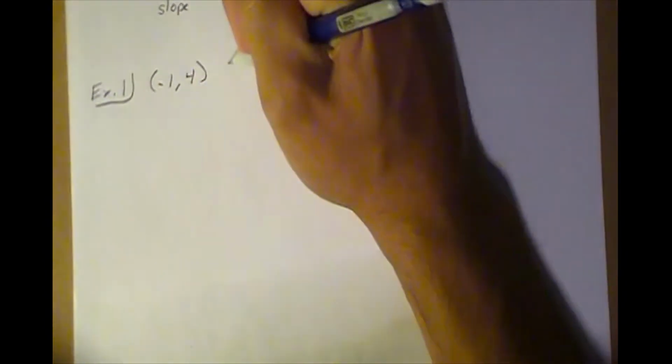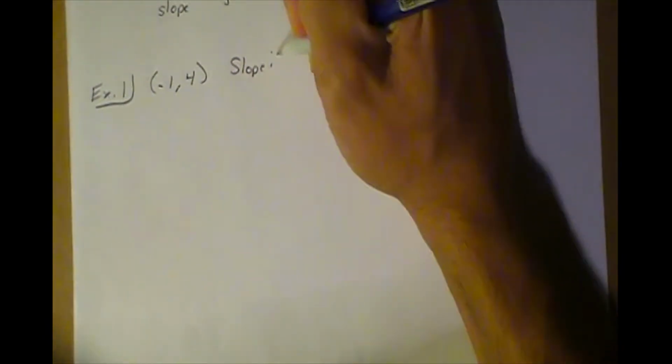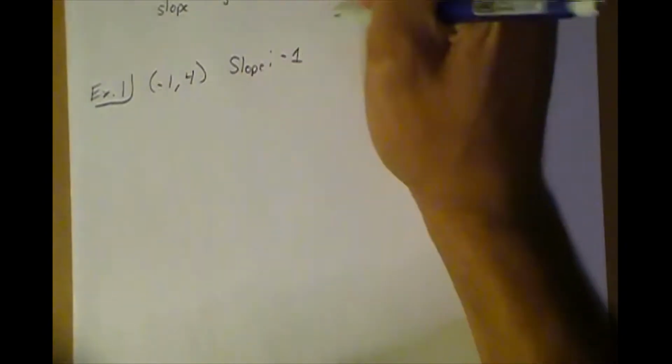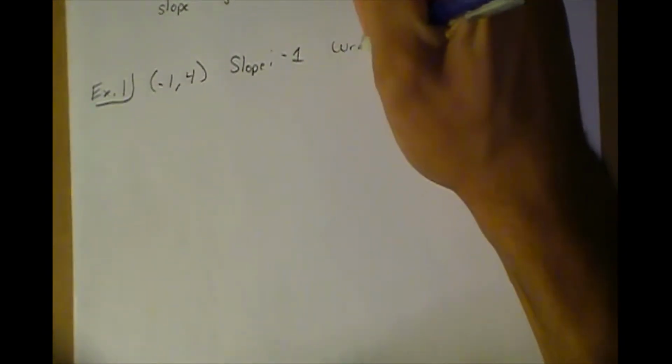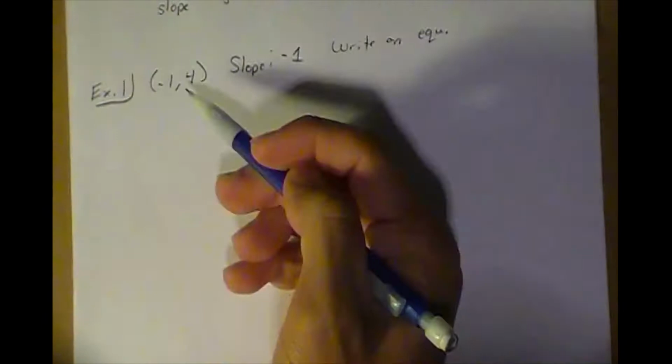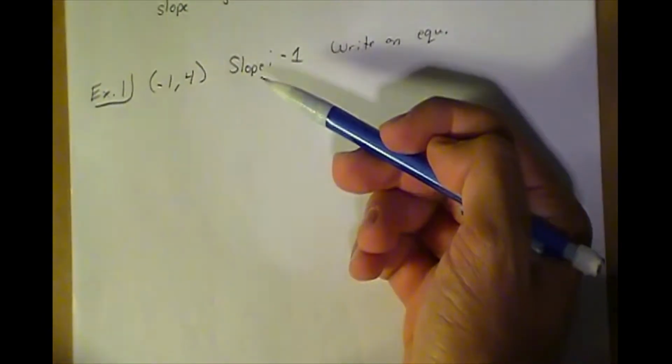It'll say, okay, your point is -1 and 4, and your slope is equal to -1. And it'll say, write an equation, EQU for short. A line passes through this point and has a slope of -1.